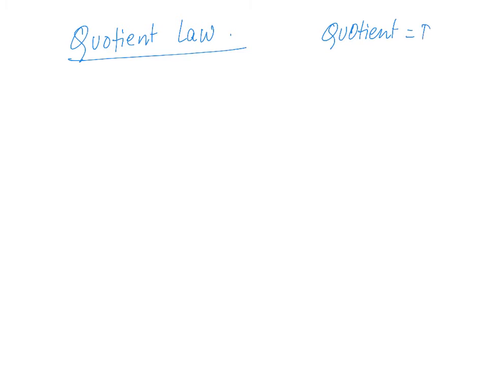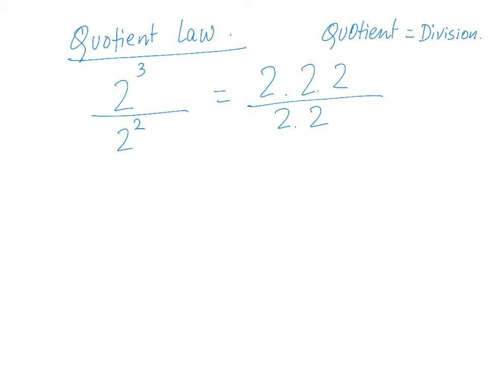Now let's try the next one, the quotient rule or the quotient law. If you recall, quotient means division. So if you have 2 cubed divided by 2 squared, we write this 3 times and we'll write this twice.